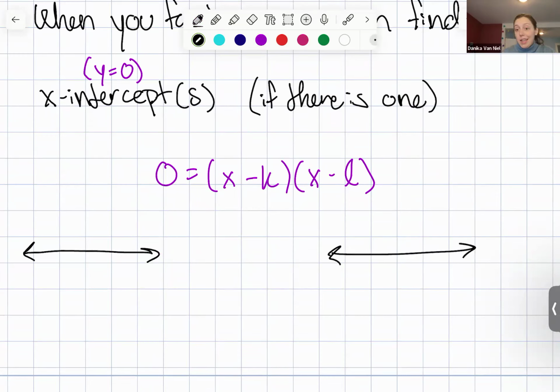Let's just say that k is less than L. I don't actually know what's going on here, but without loss of generality, we can assume that k is strictly less than L. When you're actually doing the work, you'll know what's what. Like k will be -2 and L will be 3 or something.